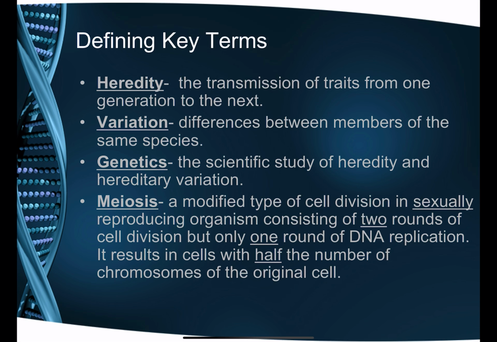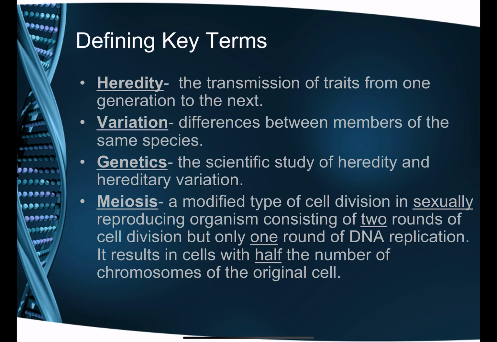And so those are variations, differences between members of the same species. And so genetics studies this. It studies these traits and how these traits are passed down. And it's important for a lot of families as they have children or are looking at the likelihood of certain traits being inherited, and different things like that, okay?